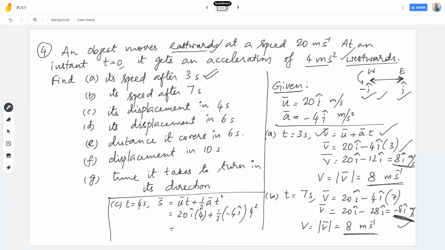This is equal to 80 I cap minus 32 I cap, which is equal to 48 I cap meters. Okay, S bar equal to 48 I cap meters. How do we read it? Displacement of the object after 4 seconds is 48 meters eastwards. That is how you read it. 48 meters eastwards. Or if you want to find magnitude of displacement only, it is 48 meters.